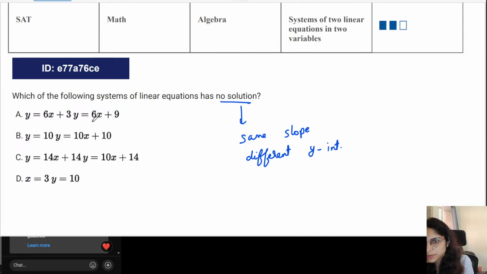So y is equal to 6x plus 3, y is equal to 6x plus 9. Same slope, different y-intercept works. Here the slopes are different, so there's going to be a solution. The only thing that matches the description is option A.